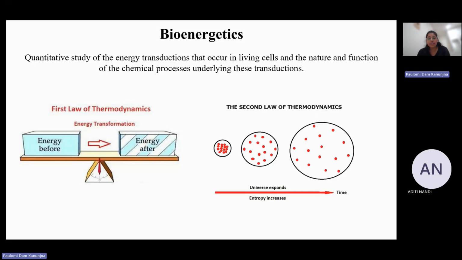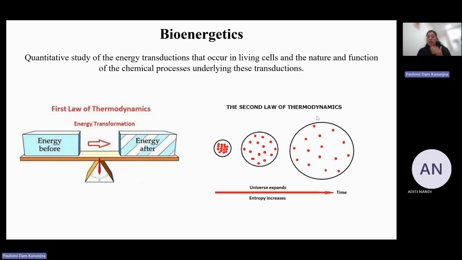Then why are we saying that even living organisms follow the second law of thermodynamics? Because the second law means more chaos, more distortedness, but cells are generally quite well organized. So why are we saying they follow the second law?